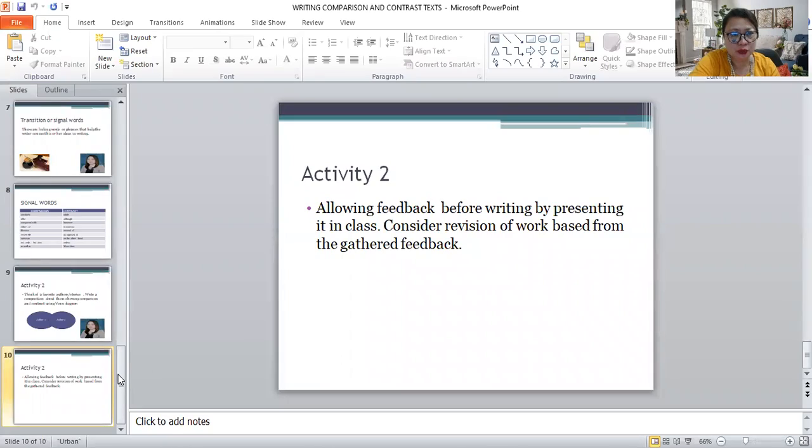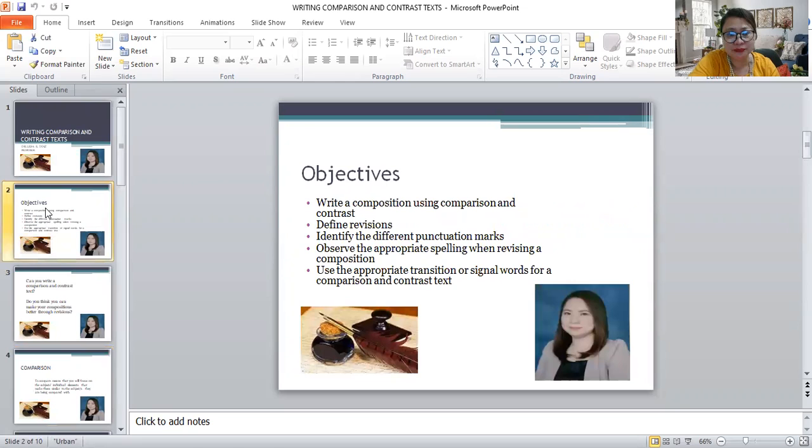Before going further, let me share our objectives for today's lesson. Of course, you're going to write a composition using comparison and contrast, define revisions, identify the different punctuation marks, observe the appropriate spelling when revising a comparison, and use the appropriate transition or signal words for a comparison and contrast text.